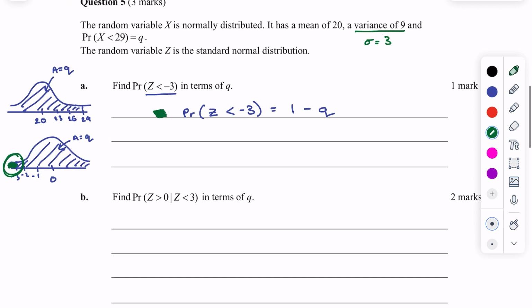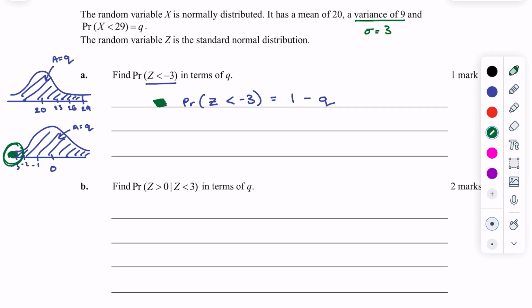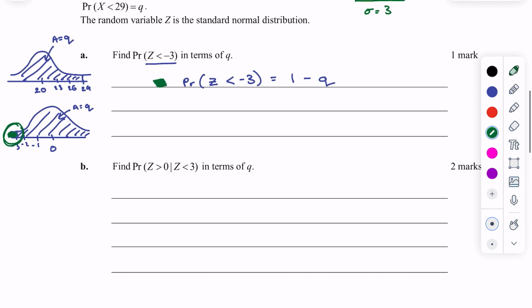All right. Then it says, find the probability of z being greater than 0, provided that z is less than 3. So what I'm going to do here, and it asks us to write it in terms of q, is I'm going to firstly write this as probability of z greater than 0 given that z is less than 3.